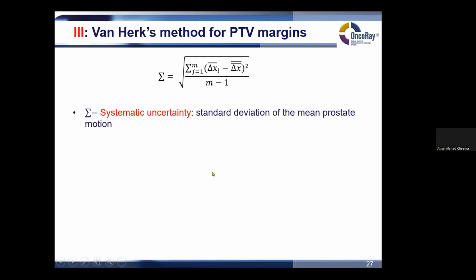Van Herk achieved the PTV margin by taking the standard deviation of the means of the prostate motion.